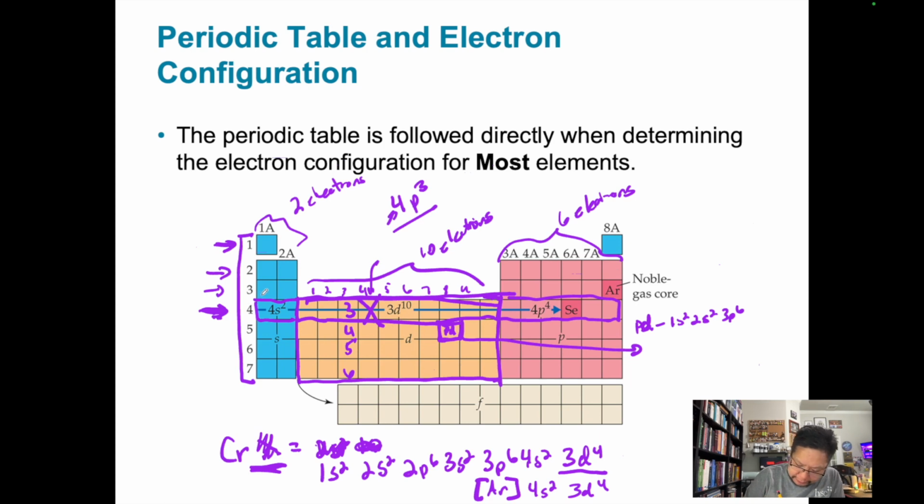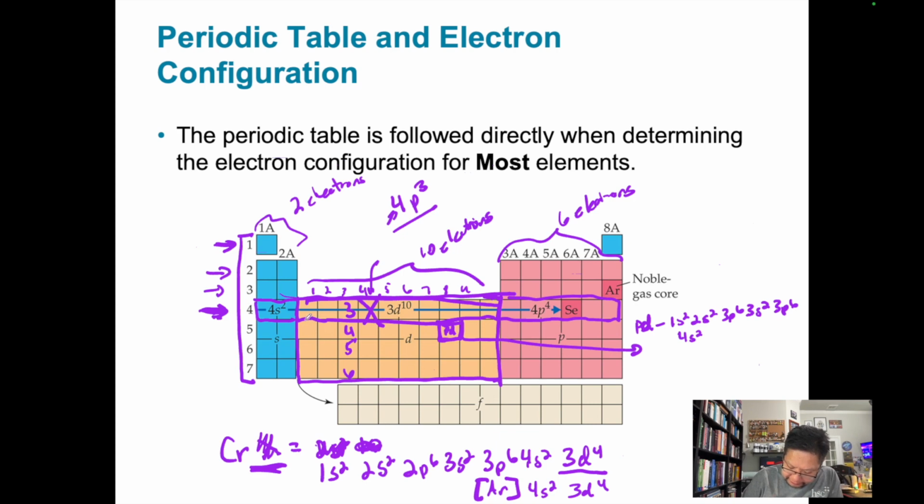And then we'll come back around again to the 3s orbitals, so 3s2, and then 3p orbitals, 3p6, right? I'm running out of room, so I'm going to have to go down one. And then after the 3p6, we go back here to the 4s orbital, 4s2, right? And we've run into the transition metals.